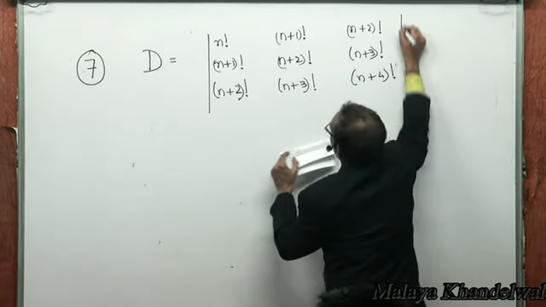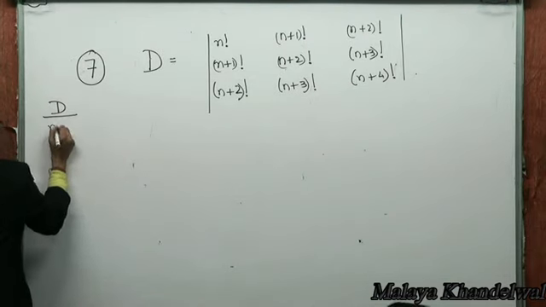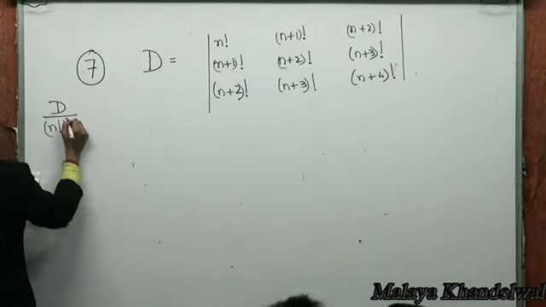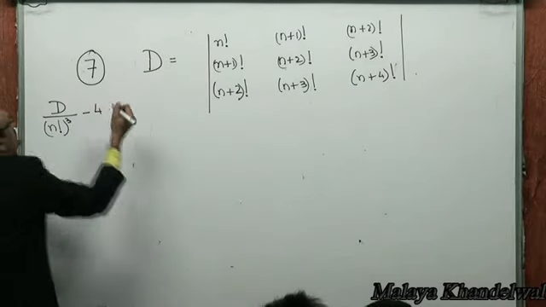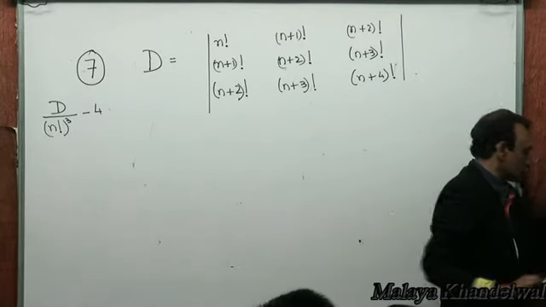Right? We want to show (d divided by n factorial) whole cubed, minus 4, is divisible by n. That's what we want to be able to show here.